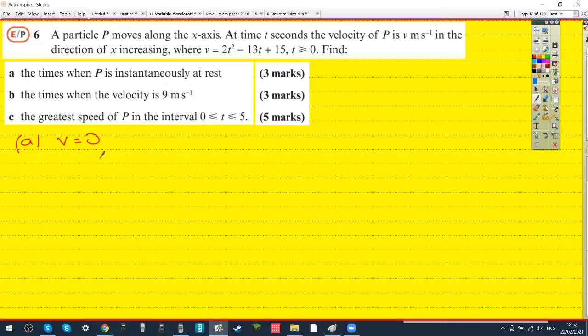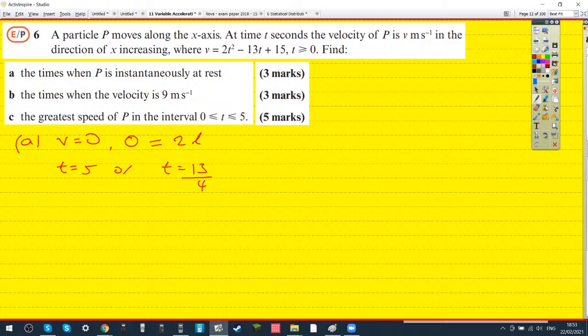And so that will then do. And t is 5 or t is 13/4. Okay.